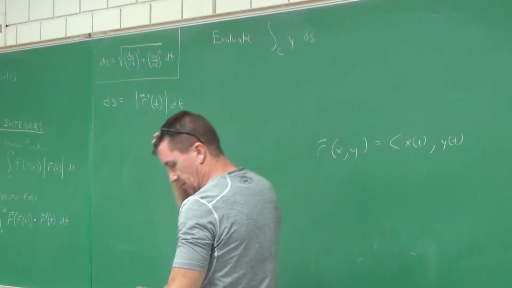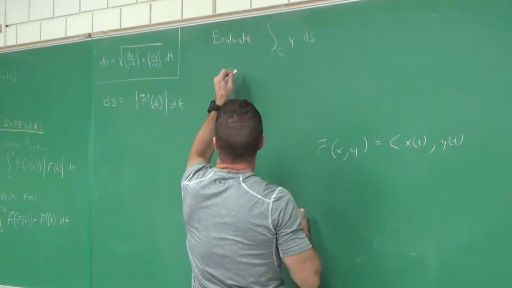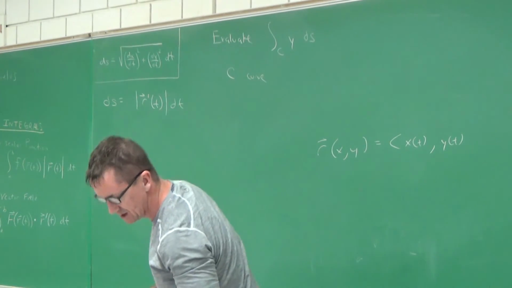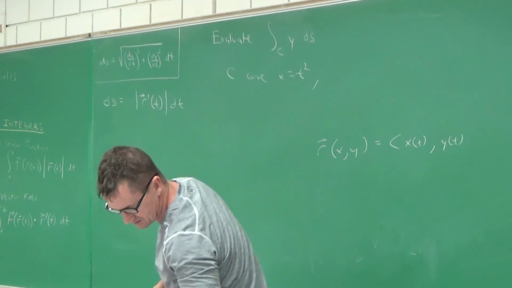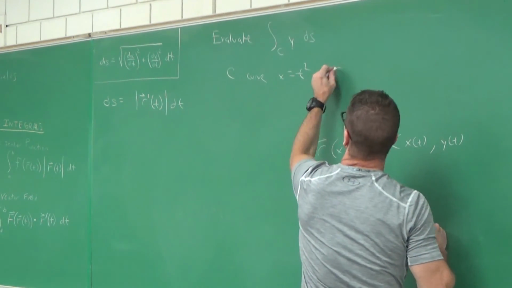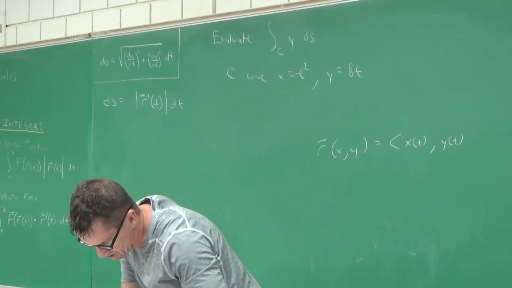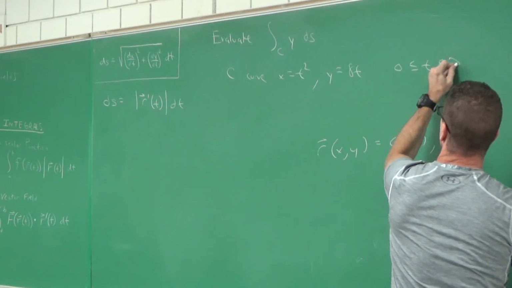So they write this, and what else did they write for this problem? They got to give us the curve. Here's C. They give you the equations: x is t squared, and y is 8t. Does anyone see this as parametric? Yeah, the parametric equations, going from 0 to 3.